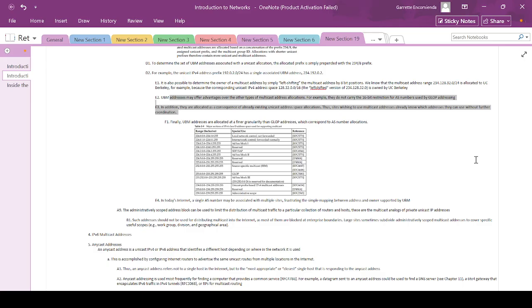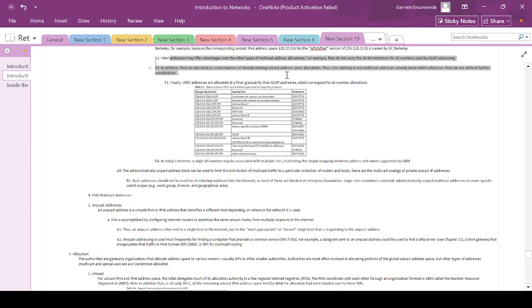For example, they do not carry the 16-bit restriction for AS numbers used by GLOP addressing. In addition, they are allocated as a consequence of already existing unicast address space allocations.